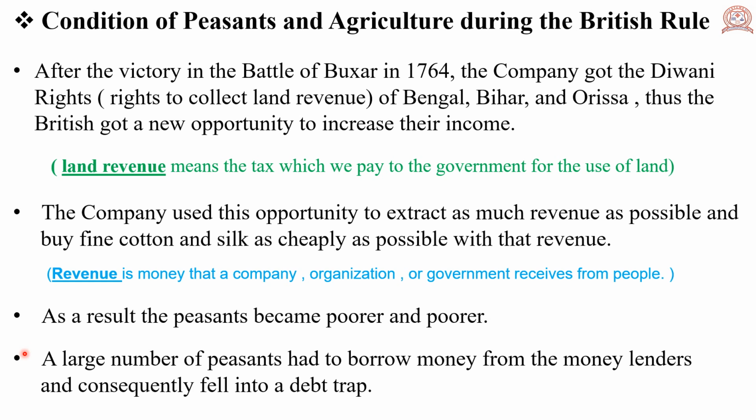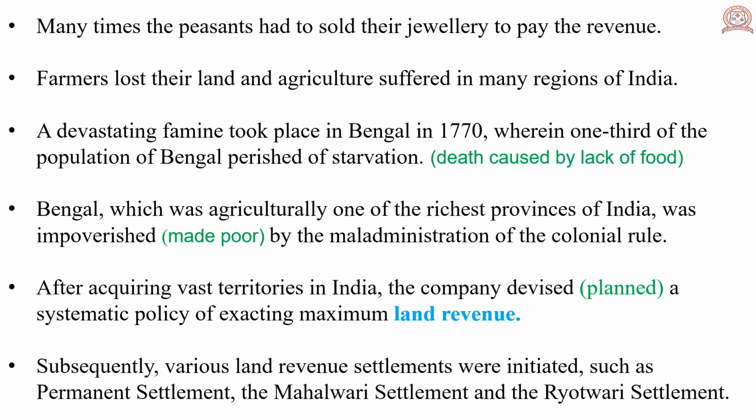To pay the land revenue to the company, many times the peasants had to borrow money from the money lenders. Many times the peasants had to sell their jewelry to pay the revenue to the company. Farmers lost their land and agriculture suffered in many regions of India.